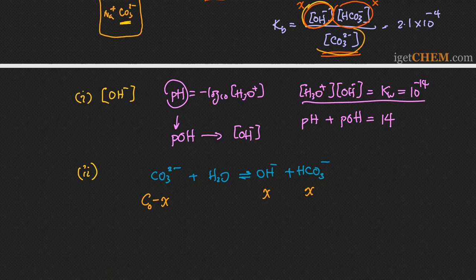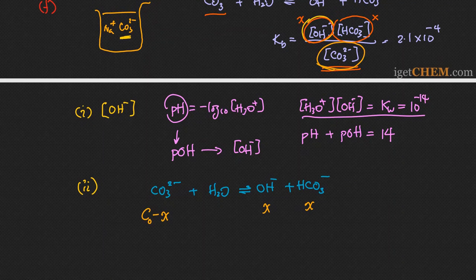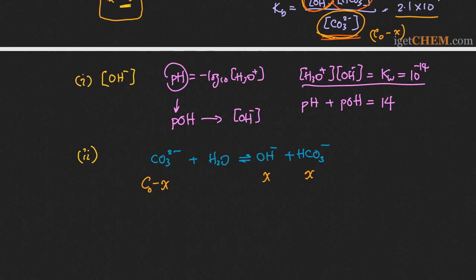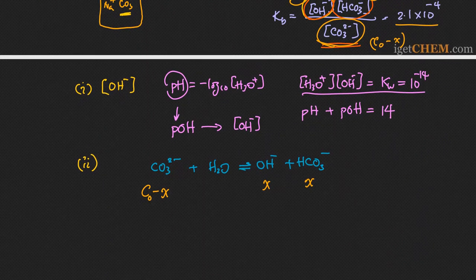And that is what you can get in this expression, since you know the OH minus, which gives you both of these X, and the CO3 minus in the bottom is the original concentration minus X. And now you know that that's equal to 2.1 times 10 to the minus 4. So from that you can calculate the original concentration. So let me just write that out in one single equation so you can see.